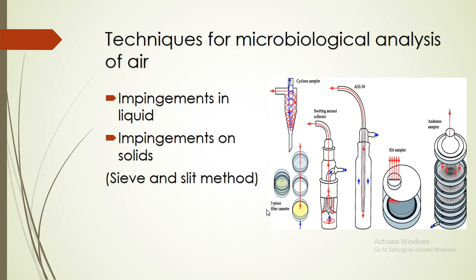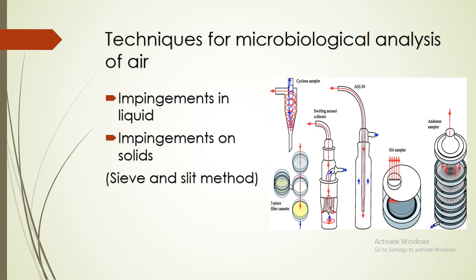Then impingement on solids: the microorganisms are collected directly onto the solid surface of the agar medium. The most simple one is the settling plate like this. You can uncover a petri dish which contains agar, and then expose that petri dish in different areas where you want to collect the sample.